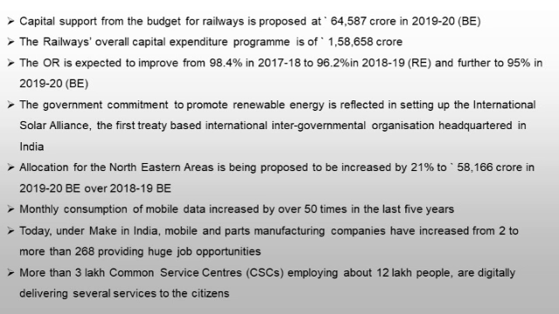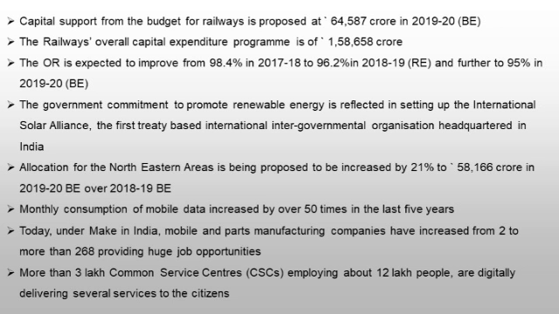Then the government is also talking about the International Solar Alliance, ISA, whose headquarters is in India. This was already asked in previous exams. Then the northeast allocation has now been made 58,166 crores. The monthly consumption of mobile data has increased by 50 times.